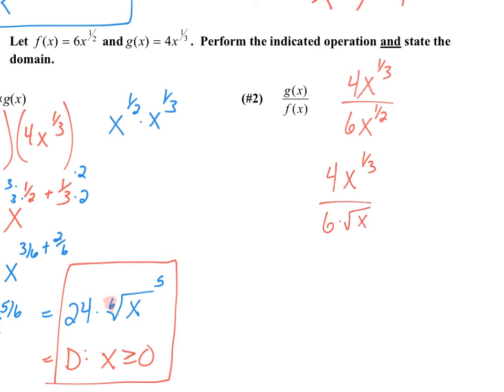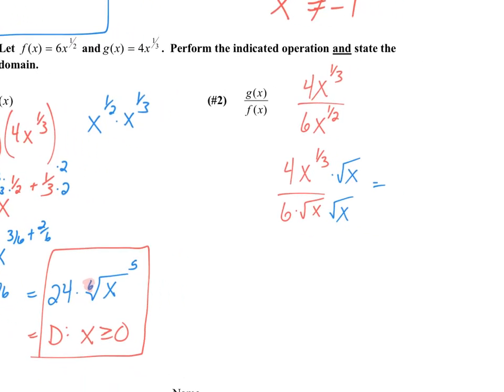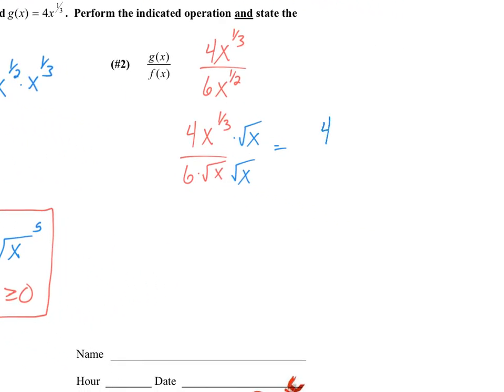It's not okay to have a radical on the bottom, so we're going to get rid of that square root by multiplying by square root of x, which would give us 4x to the 1/3 times x to the 1/2. Now I'm going to change that back to a fraction, and the bottom will be 6x. The reason why is because this would be the square root of x squared, which is just x. That's where the x came from.